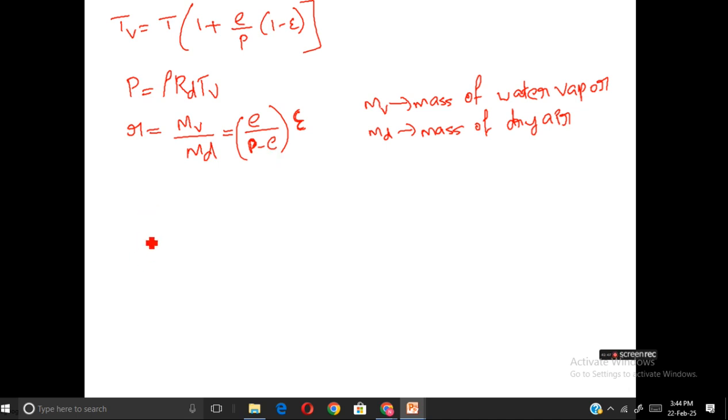And specific humidity, we also learned what specific humidity q is, which is mv by mv plus md. This, in terms of pressure, can be written as e by p minus e into epsilon, multiplied by epsilon.